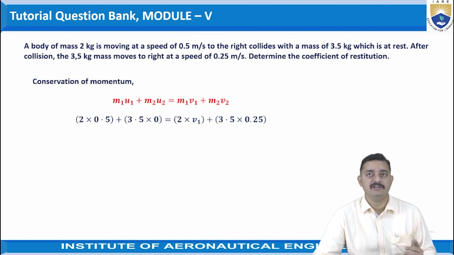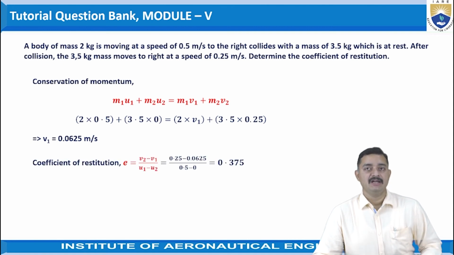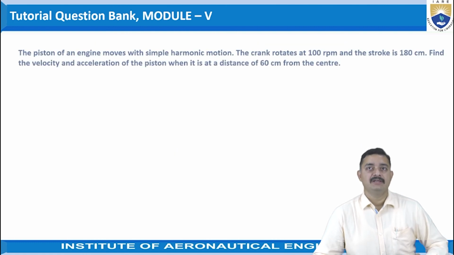When we substitute the given values, 2 into 0.5 plus 3.5 into 0 is equal to 2 into v1 plus 3.5 into 0.25, we will obtain the value of v1 as 0.0625 meters per second. Now for the coefficient of restitution, the equation is e is equal to (v2 minus v1) by (u1 minus u2). If we substitute the values, we will get the coefficient of restitution value as 0.375.